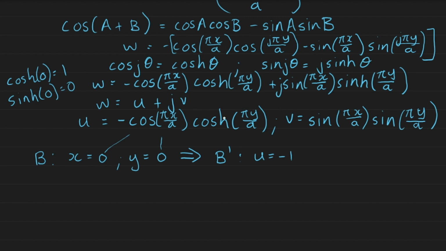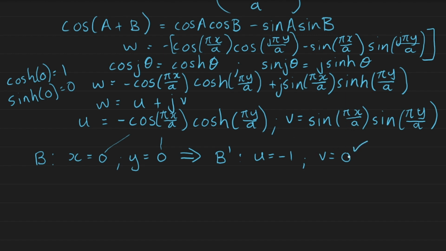So we have minus 1 times 1, and that's how we get that u is equal to minus 1. And of course, v is equal to 0 because sine of 0 is just 0, so this entire term is going to be 0.